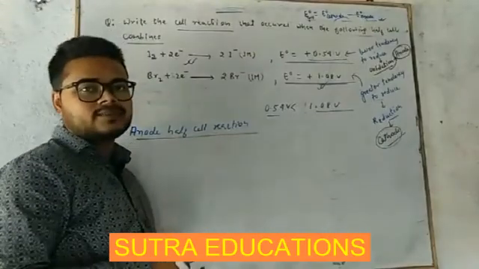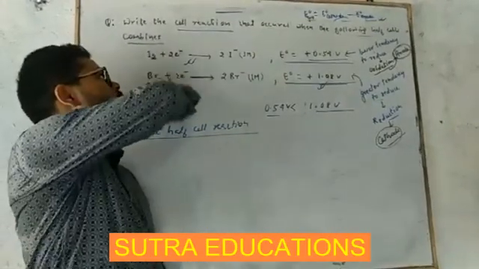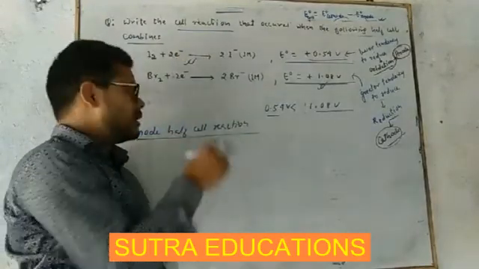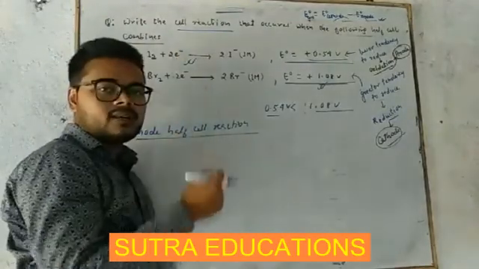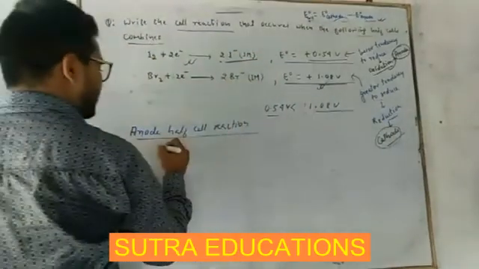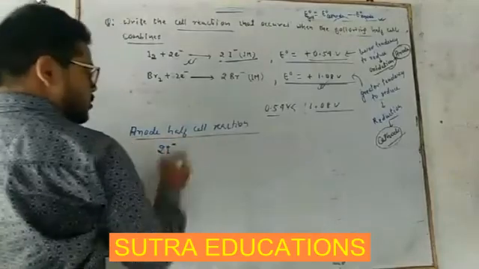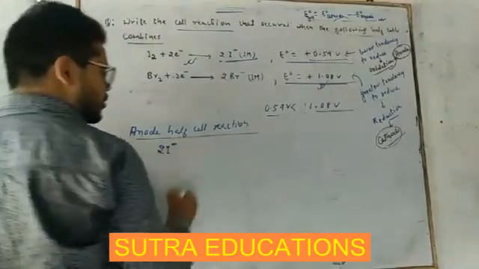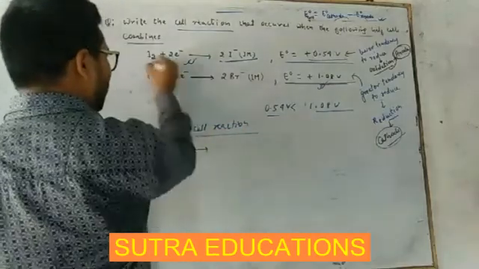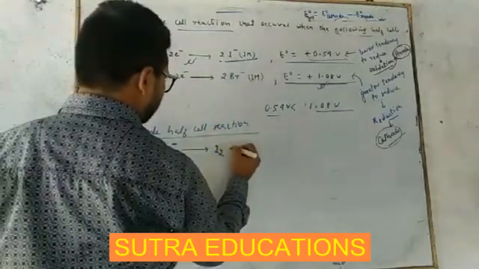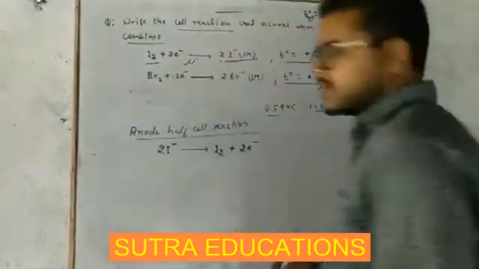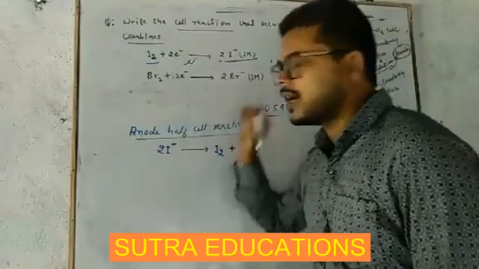Oxidation takes place, and in both cases you can see both are accepting electrons, means both are reducing. But at anode oxidation takes place, means what will happen? This 2I minus, which is having more electrons, will release electrons and become I2 plus 2 electrons released. Getting this or not? Anode half cell reaction.